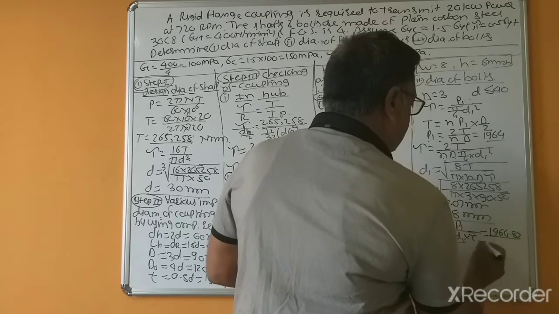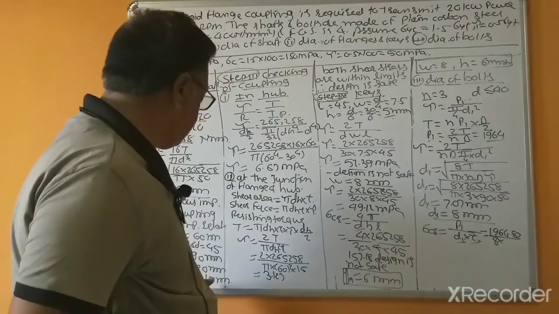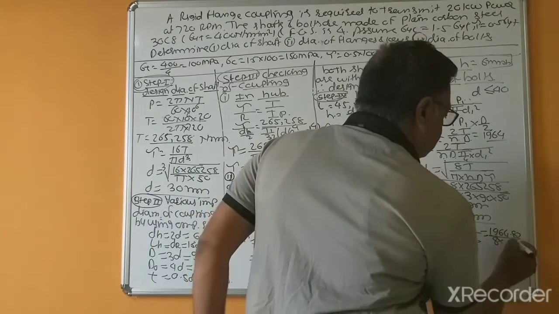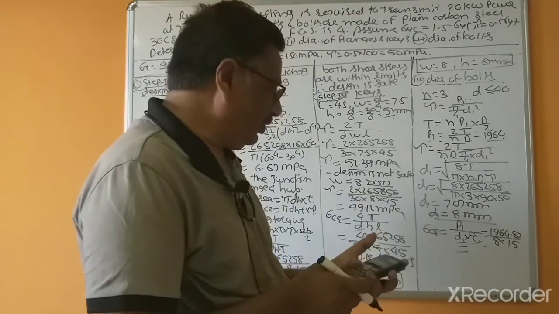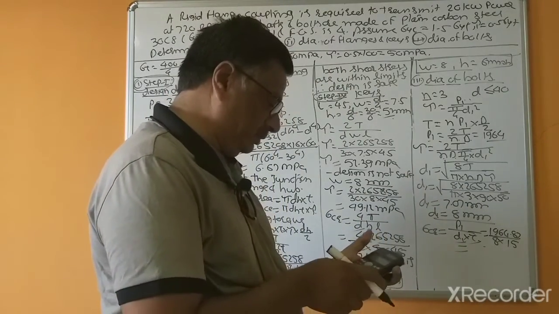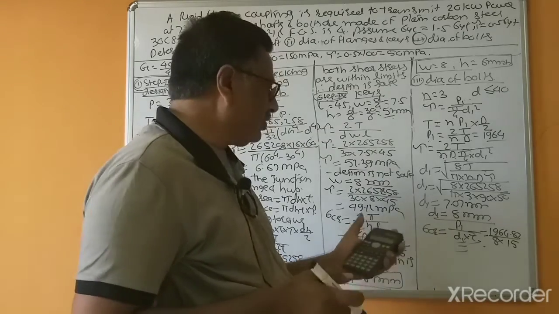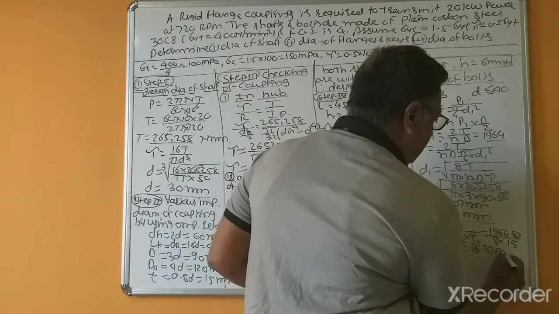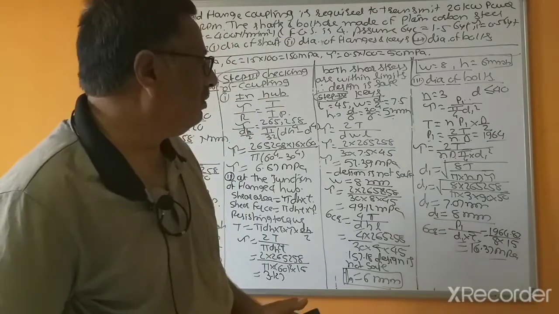Divided by D1 equal to 8, and the thickness above the flange is 15 mm. This should be less than 155. I got 16.37 megapascals, which means the design is safe for the bolts.